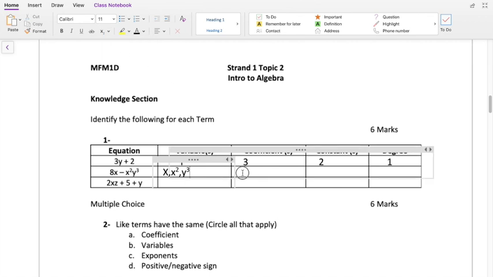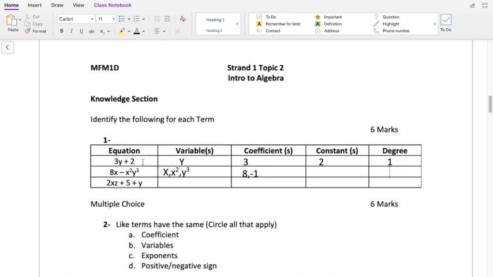Then our coefficients are 1 and actually negative 1, since there's a number attached right in front there. And then our constant, there is no constant here since we have variables and everything. So I'm not going to put anything there.